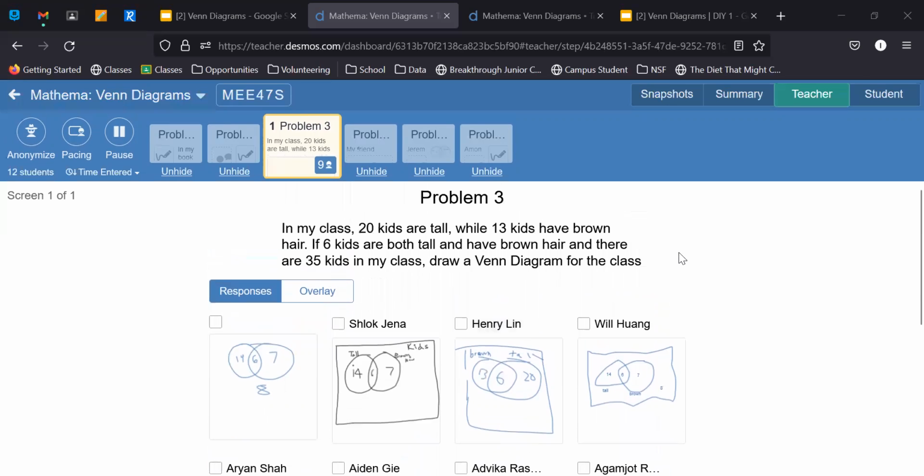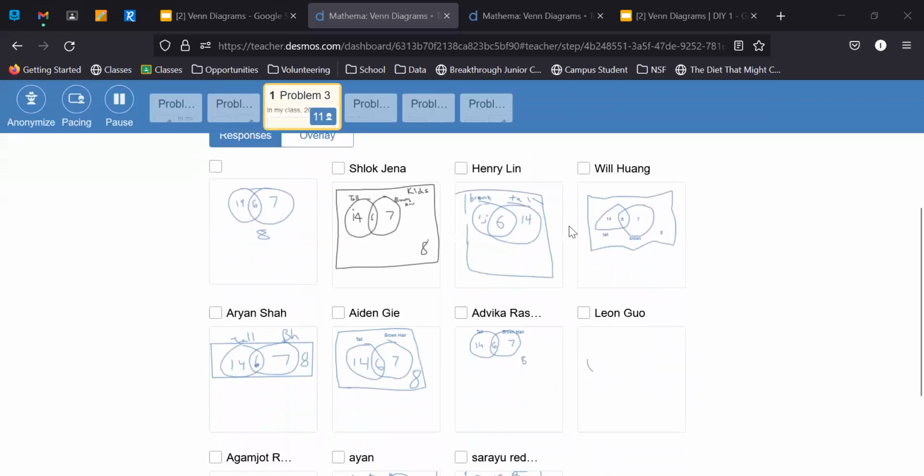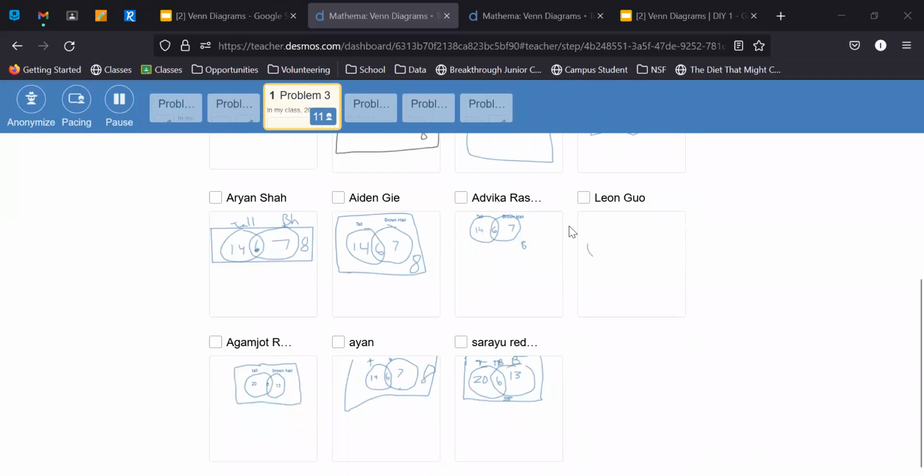Okay, so I see some of you are making the mistake of thinking the 6 kids that are both tall and have brown hair are not included in the 20 kids that are tall and 13 kids that have brown hair. Right? So make sure you are accounting for that.